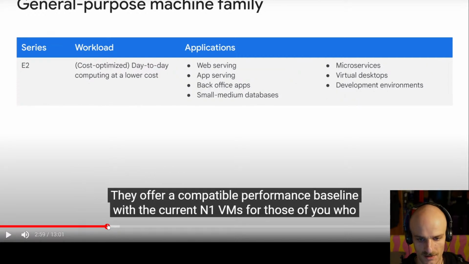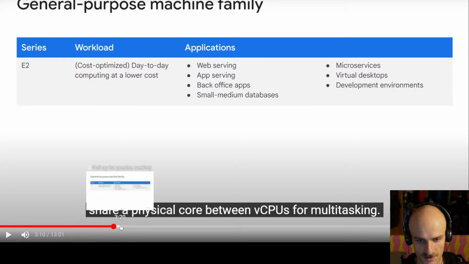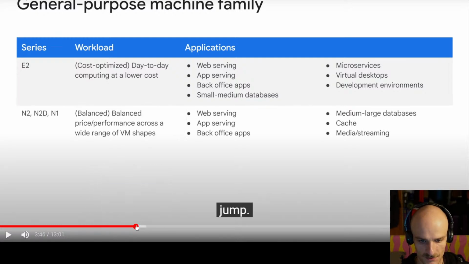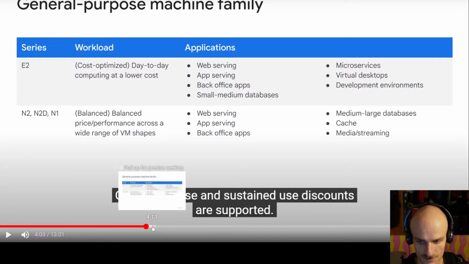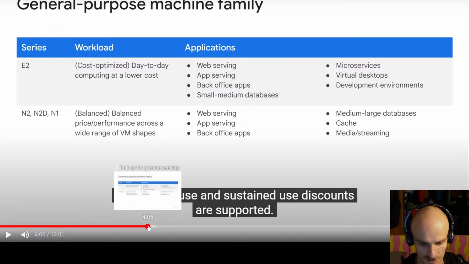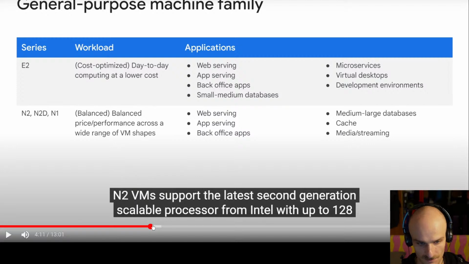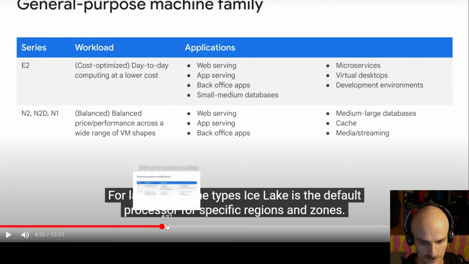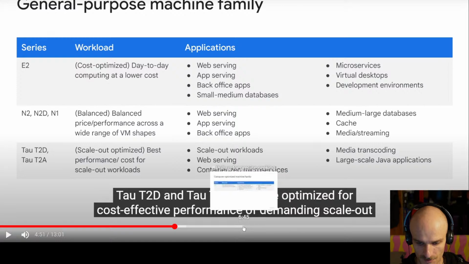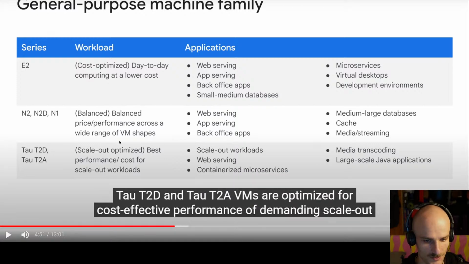Instead, for general purpose we have back office apps, web serving, app serving, small databases, microservices, cache, media streaming, and scale out applications. So general purpose are just for generic applications.